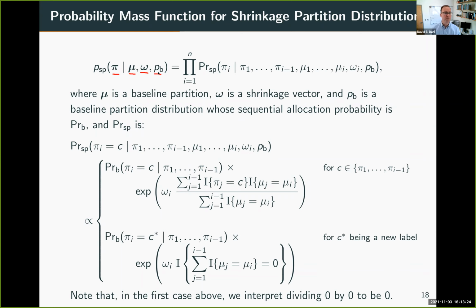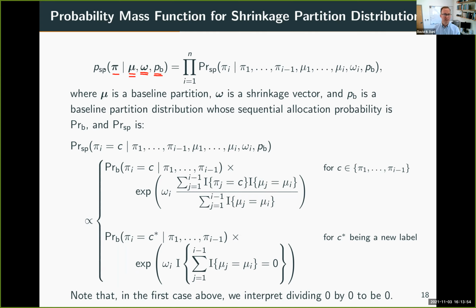So this could be, for example, the Chinese restaurant process, or it could be the distance-dependent Chinese restaurant process, or it could be the PPMX method, or the Ewens-Pitman attraction distribution. The baseline partition distribution can be anything that you would like to use. And what we do then is we take that baseline partition distribution and shrink it towards the baseline partition. The degree to which we shrink is given by the shrinkage vector omega.